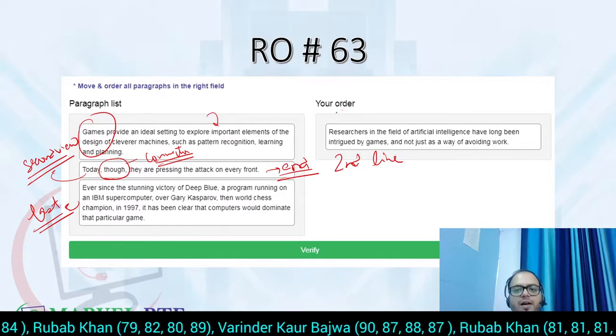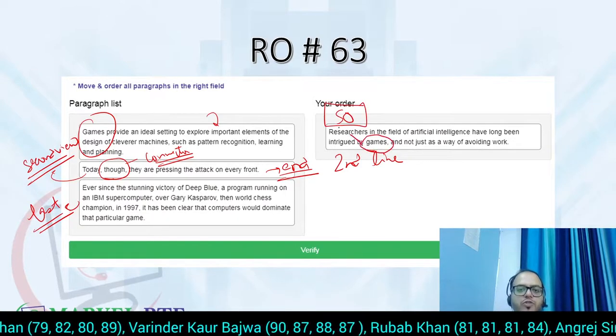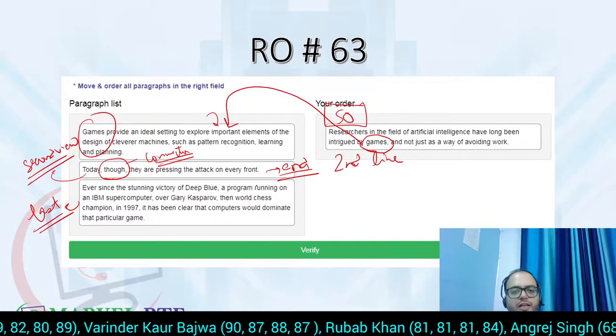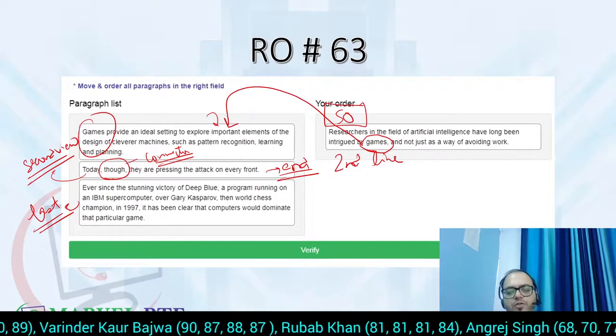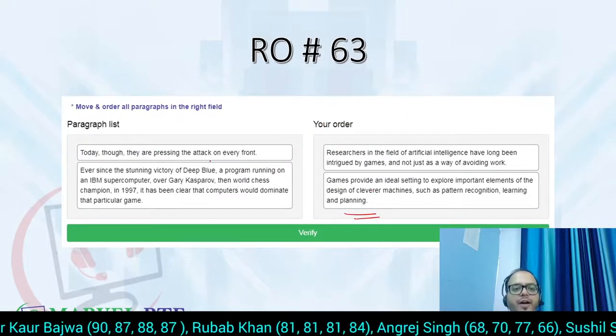But as per our SO strategy, which is subject object strategy, यहाँ पे games introduce हो रही हैं, वहाँ पे games को build on किया जा रहा है. Okay. So this is why this is going to be the second line. And now third line.